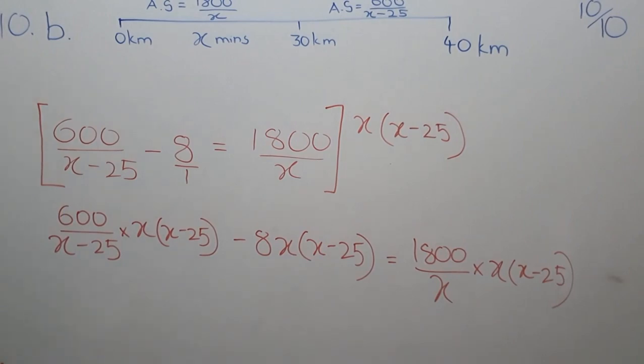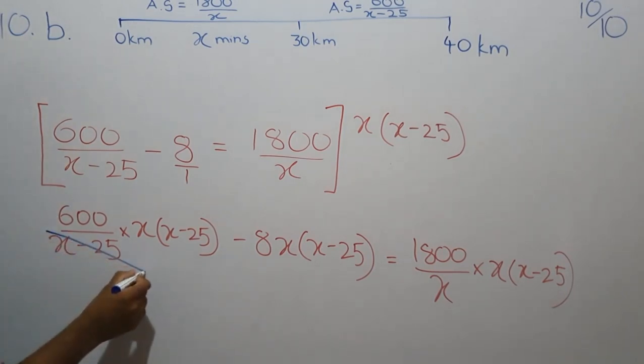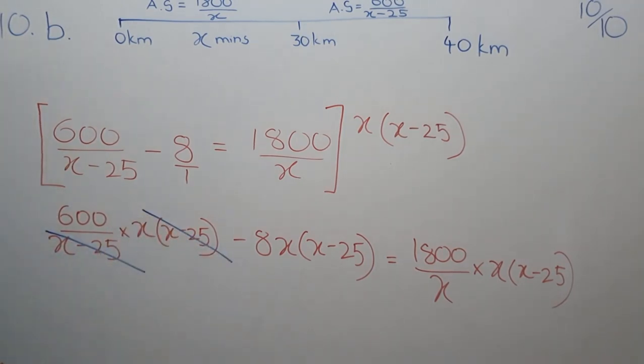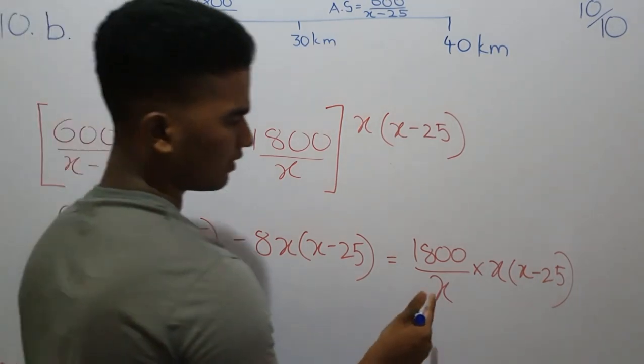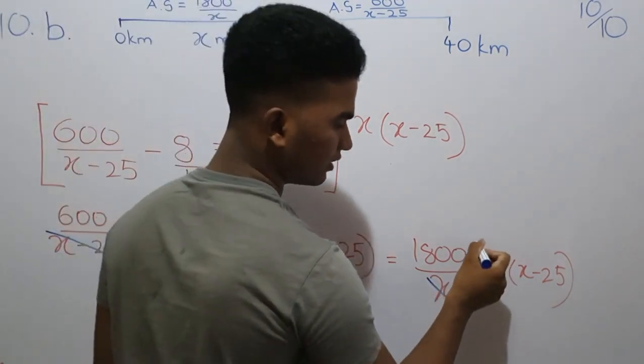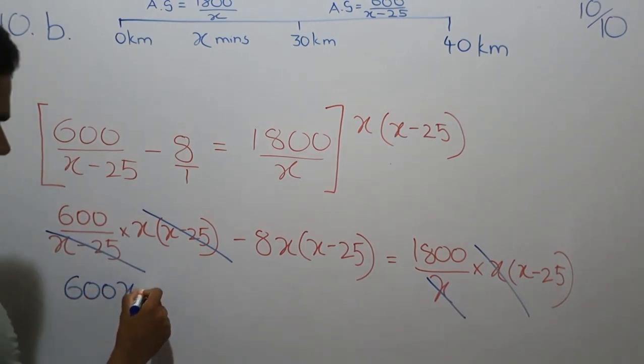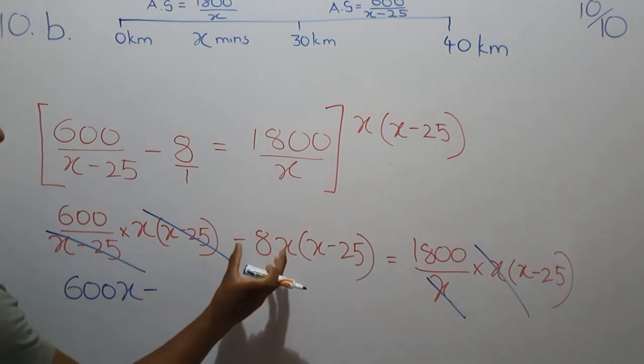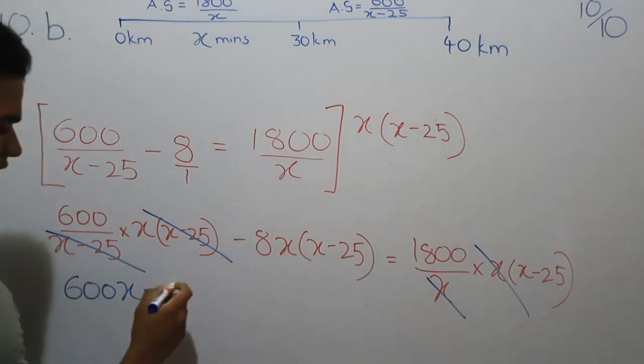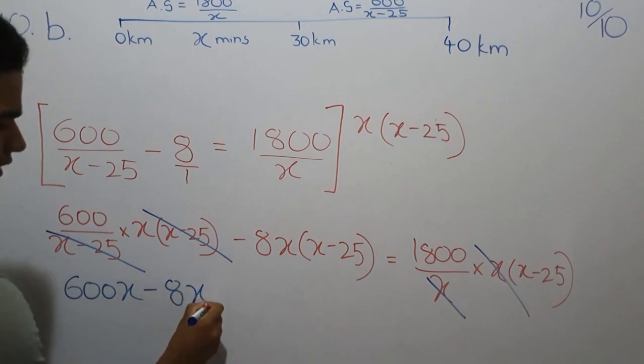So now you can cut the terms. This whole x minus 25 will get cut with this. There are no terms to cut here. And this x will get cut with this x. So you are remaining with 600x, 600 into x, 600x, minus, we'll straight away expand this, minus 8x into x is minus 8x square.